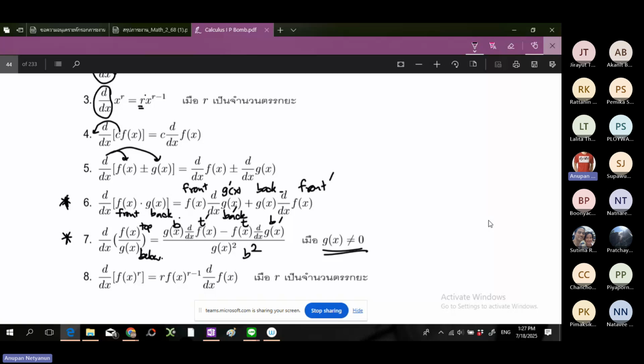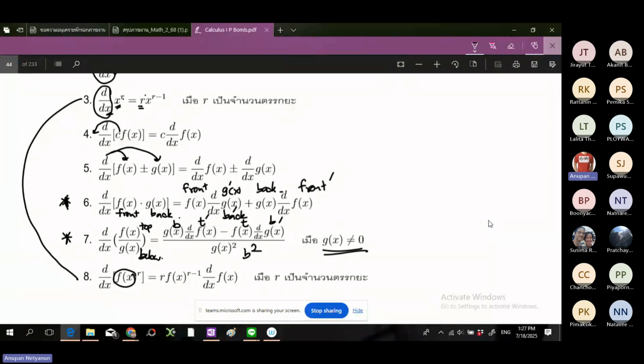Now, the last one is the result from number 3. You can see that from number 3, you have x to the power r, and this x corresponds to the variable that you take derivative with respect to. But now you don't have x, you have a function of x.